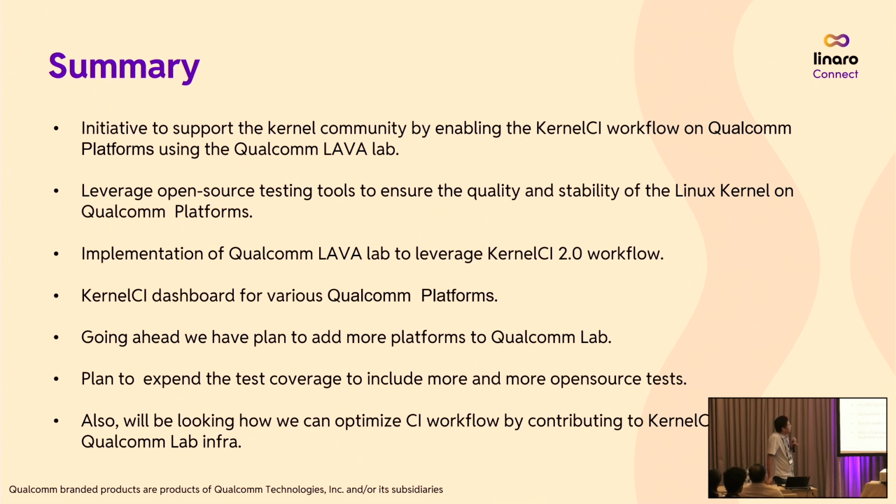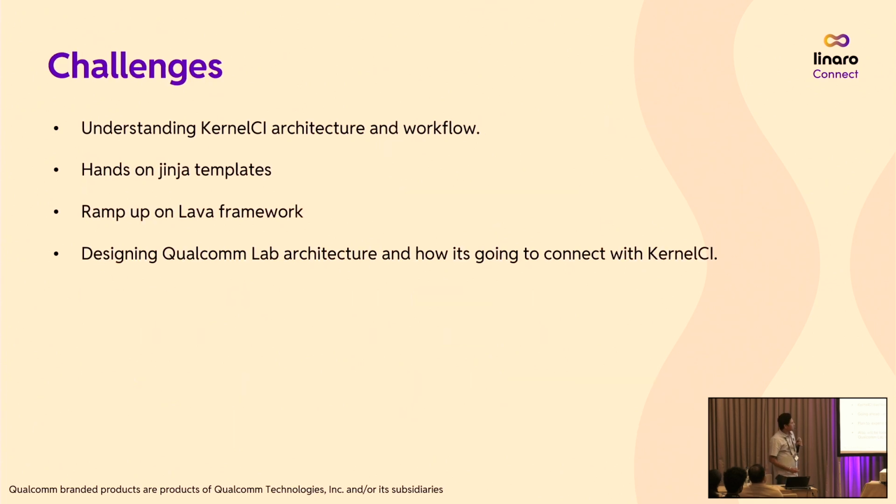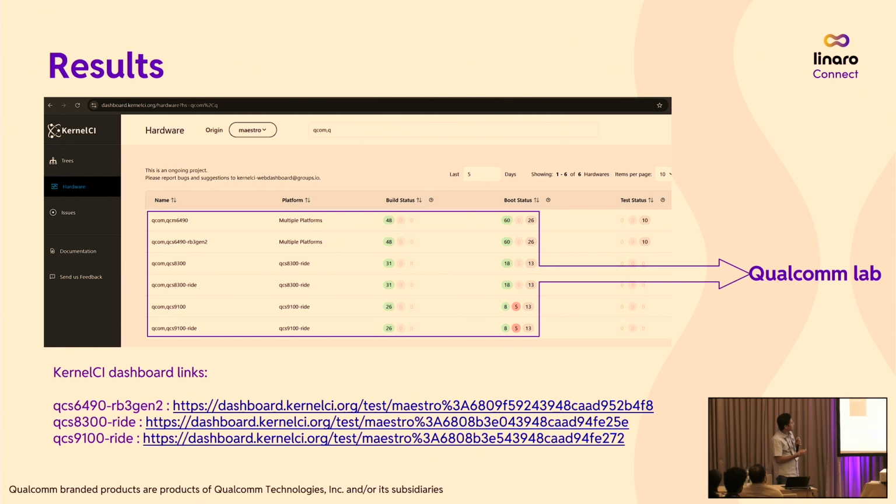That is the key part. We are leveraging the Kernel CI 2.0 workflow, which means we are triggering jobs on our platform by reacting to the APIs and publishing the results back. And the Kernel CI dashboard for various platforms, which we have already shown here, is up.